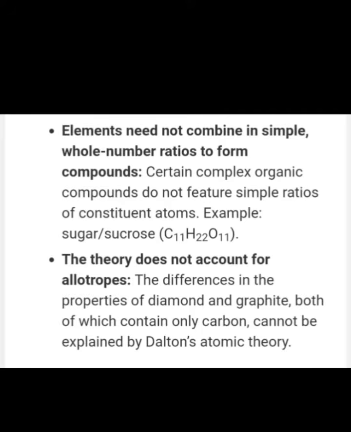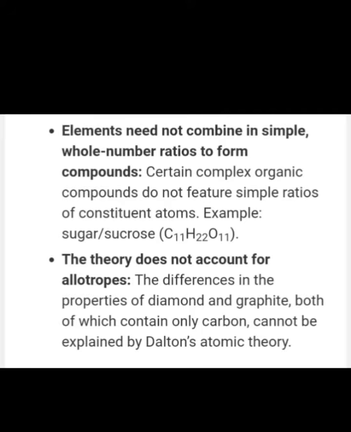Then, elements need not combine in simple whole number ratios to form compounds. Many complex organic compounds do not feature a simple ratio of constituent atoms. Examples are sugar, sucrose, etc. We have already discussed that the theory does not account for allotropes.